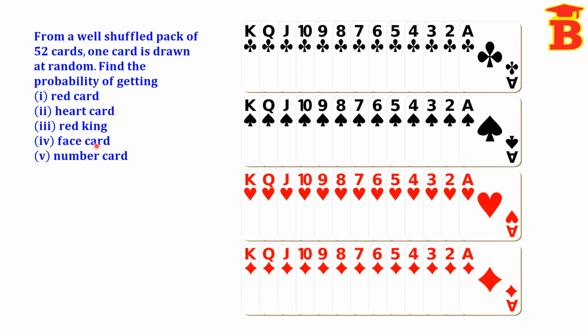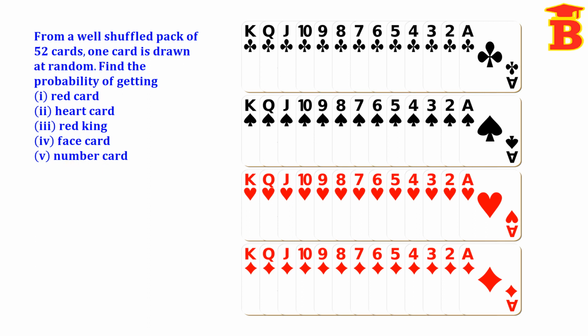Fourth one, face card. Face cards means jack, queen, king. In these 3 cards we have a face, so we say that face cards. And we have J, Q, K in all the symbols. So there are 4 symbols, that is 4 into 3. So 12 cards.